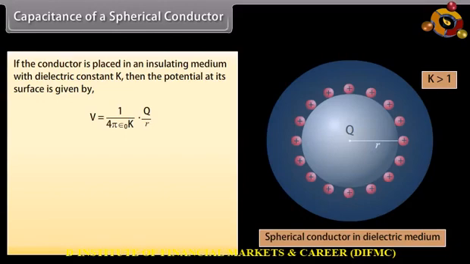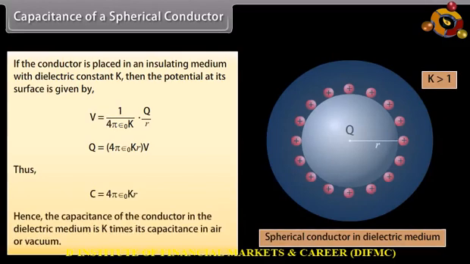It can also be written as Q is equal to product of 4 pi epsilon naught K, r and V. Thus, C is equal to 4 pi epsilon naught Kr. Hence, the capacitance of the conductor in the dielectric medium is K times its capacitance in air or vacuum.